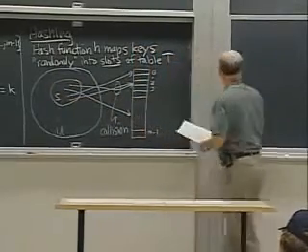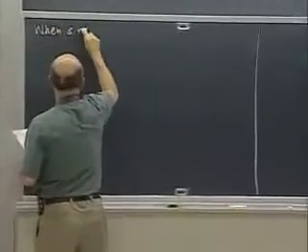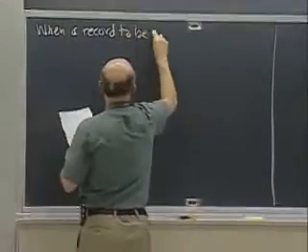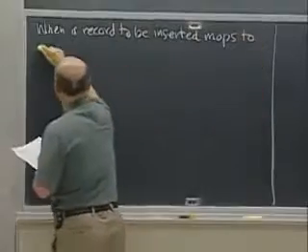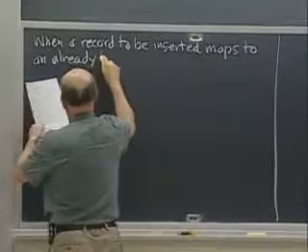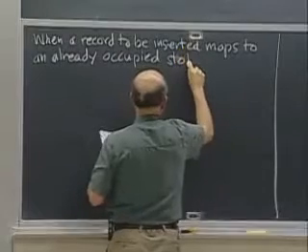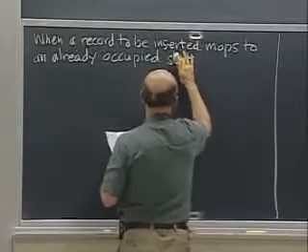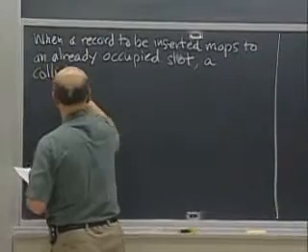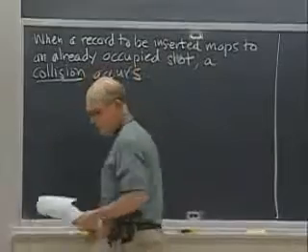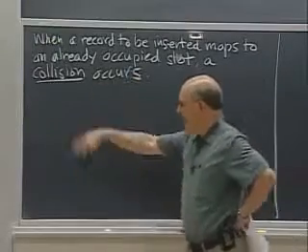So when a record to be inserted maps to an already occupied slot, a collision occurs. So it looks like this method's no good.